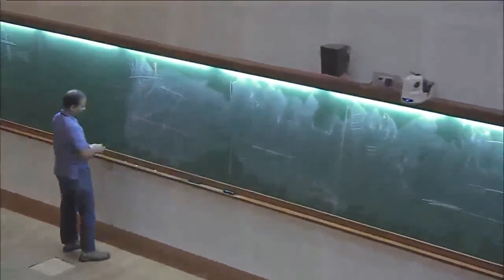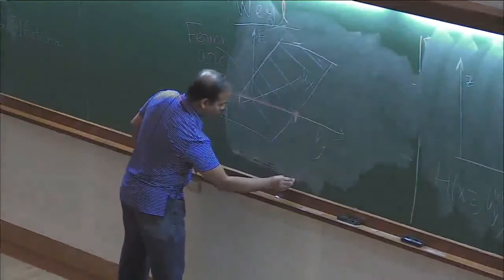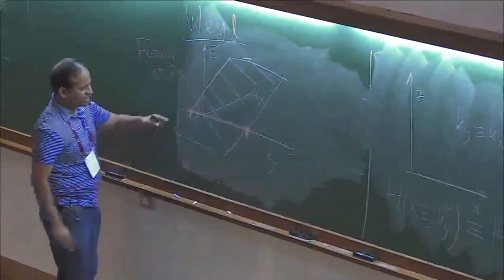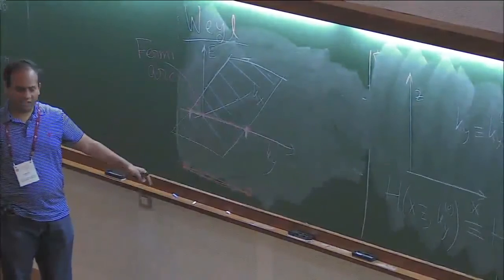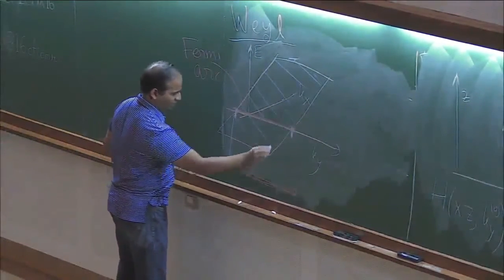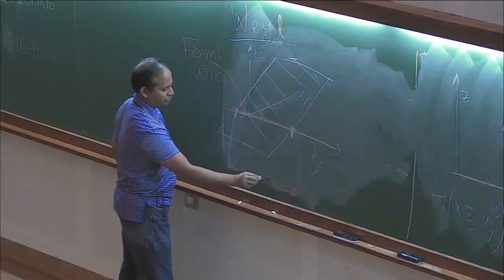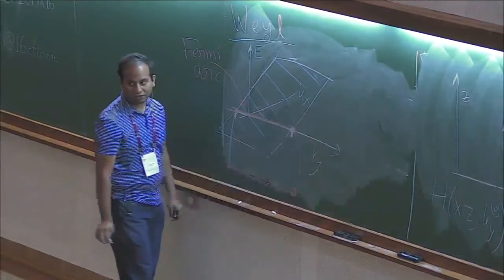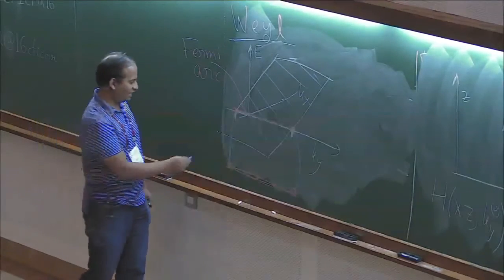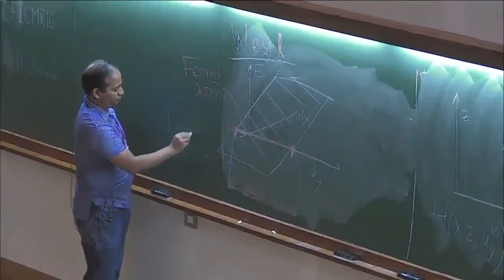So let me just draw the other Fermi arc and complete this picture, and that'll be the end of the story. On the other surface, there is another Fermi arc. And this chiral Landau level is what connects these two when you have a magnetic field. So you go up one, you come down the other. And this thing, I think, Haldane has called Fermi surface plumbing.